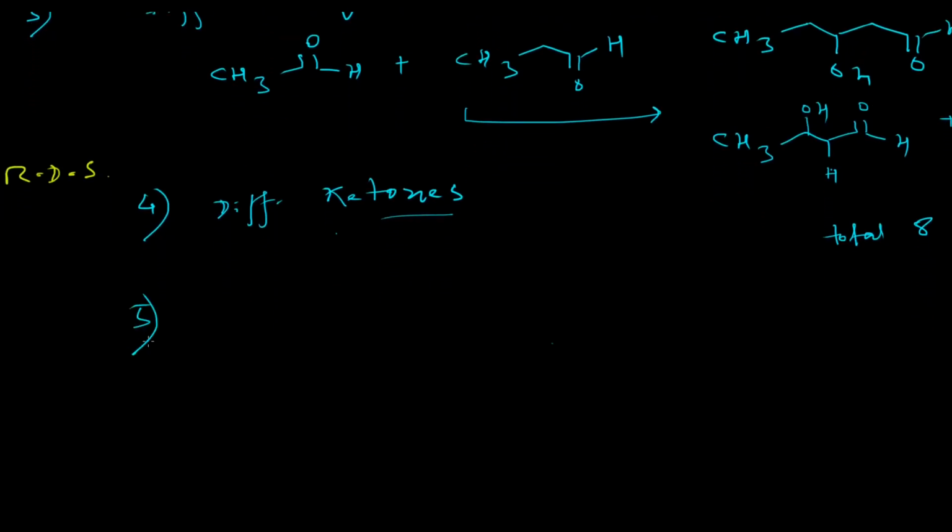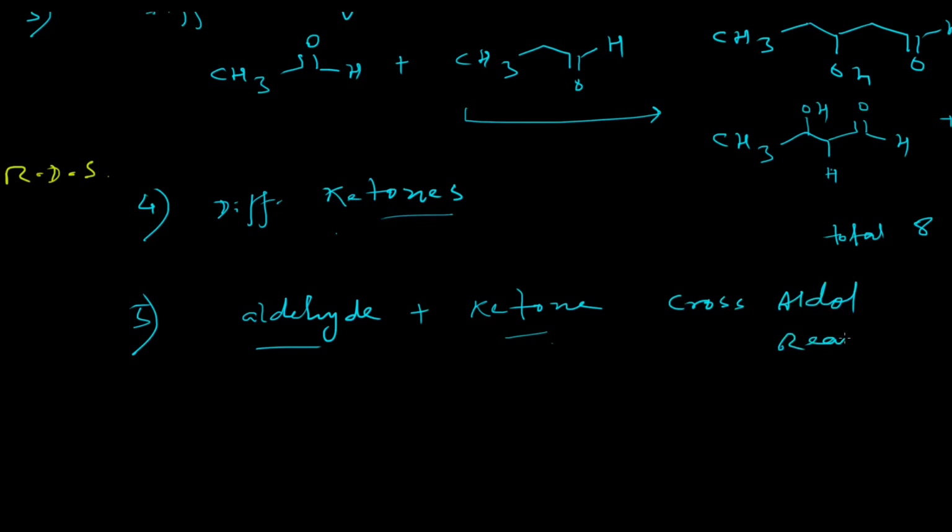And in the fifth case, an aldehyde molecule can undergo an aldol reaction with a ketone. So an aldehyde molecule and a ketone molecule. This is also cross aldol reaction.